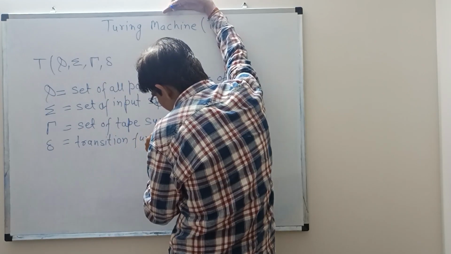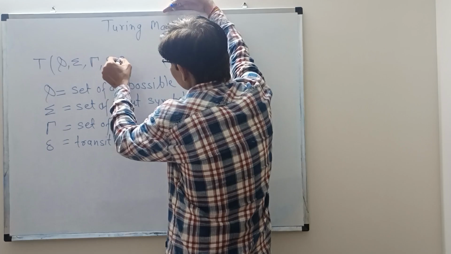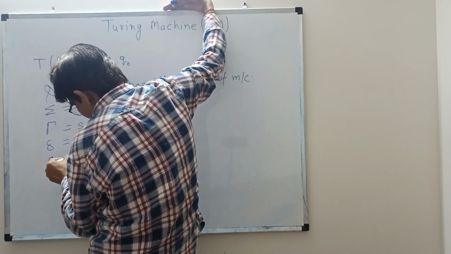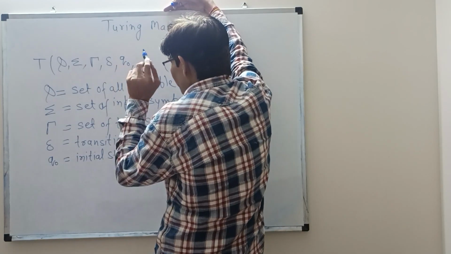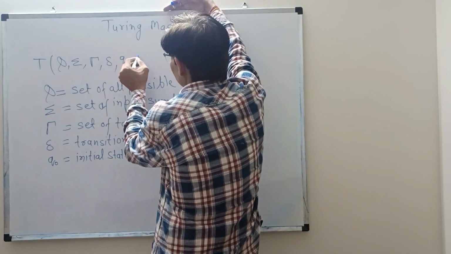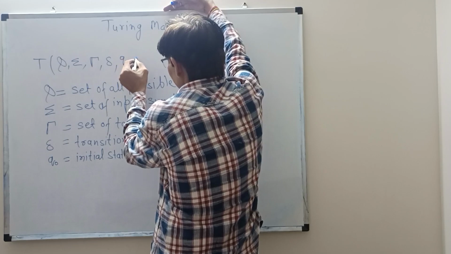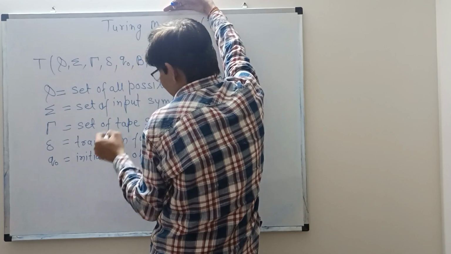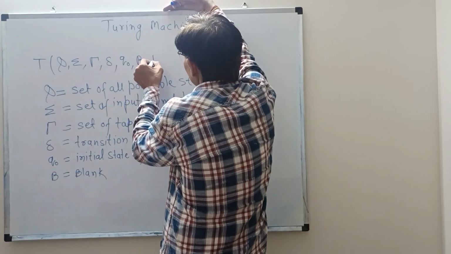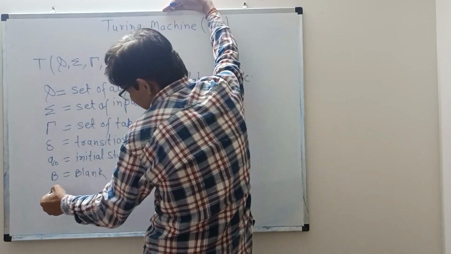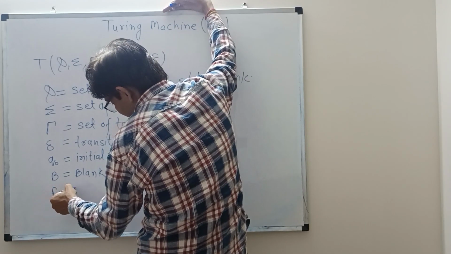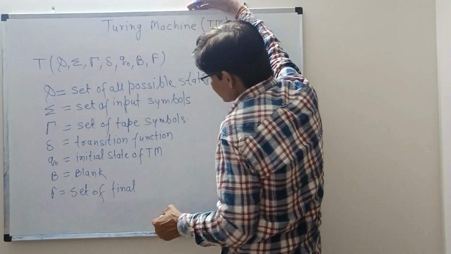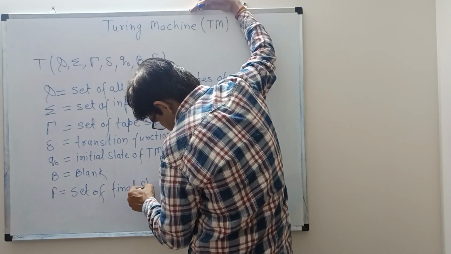Then we have Q0, a single state, which is the initial state. Then, in place of Z0, the initial stack symbol in a PDA, you have B, which is known as blank. Then you have F, the set of final states. So these 7 tuples are there in a Turing machine.